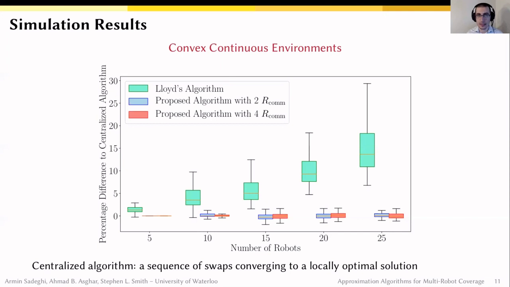The results are the difference of the solution provided by these algorithms versus the solution provided by the centralized algorithm. As you can see, our algorithm, regardless of the number of robots in the environment, provides solutions very close to the centralized algorithm with both of the communication ranges. However, the Lloyd's algorithm will be stuck in a locally optimal solution if the number of robots grows.